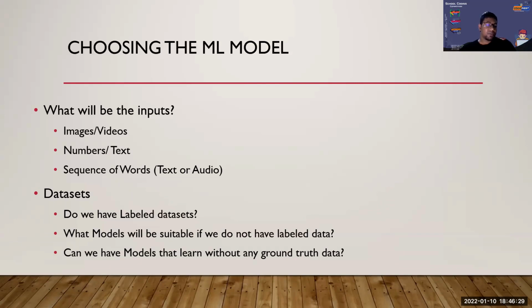Okay, we already talked about these a bit. So if we have images and videos as inputs, we can use computer vision algorithms which are based on convolutional neural networks. And if you want to identify numbers or text, if it's written and contains images, obviously we have to go with computer vision algorithms again.